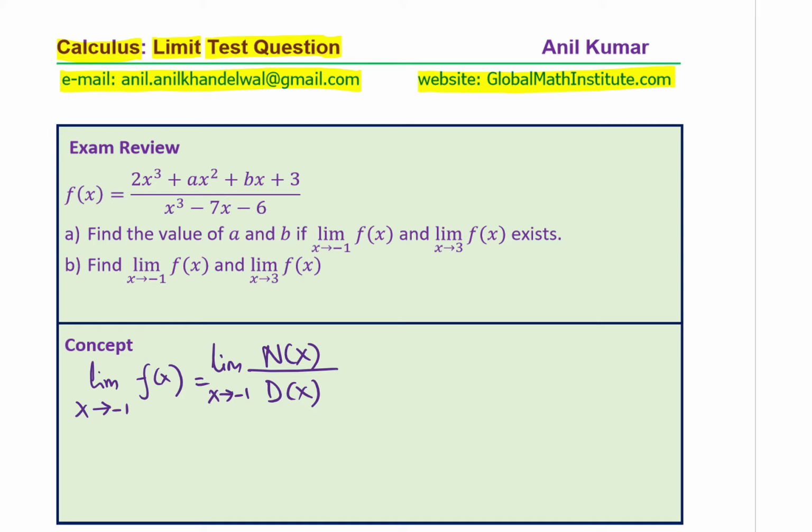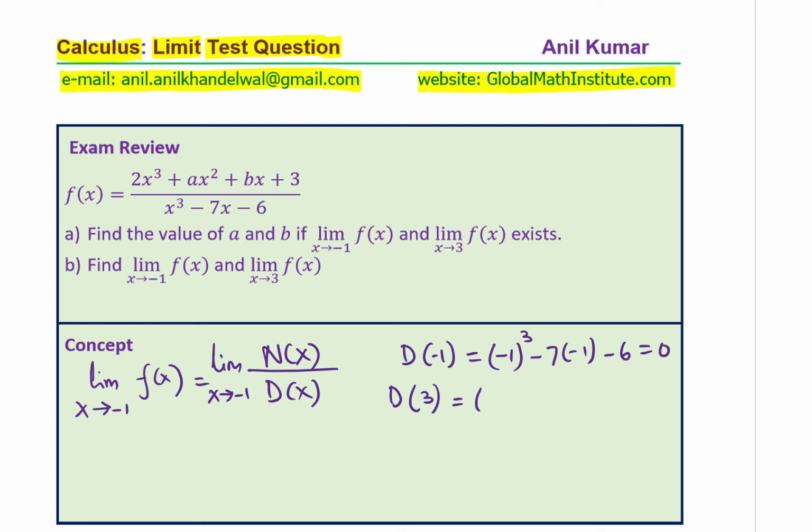Now, what you notice here is that the denominator for minus 1 is actually 0. If I substitute minus 1, what do I get? Minus 1 cubed, minus 7 times minus 1, minus 6 actually is 0. Similarly, the value of the denominator for 3 is also 0, right?